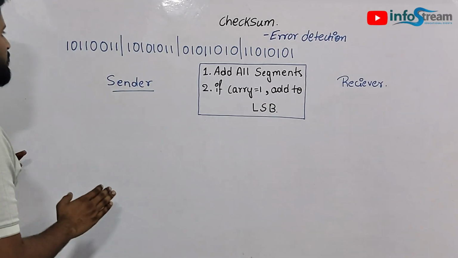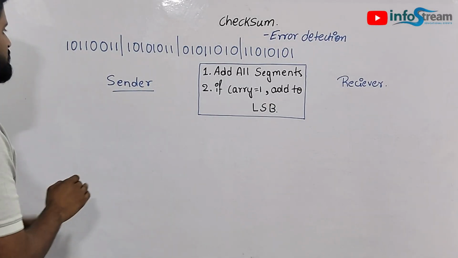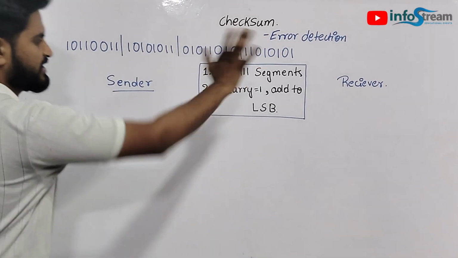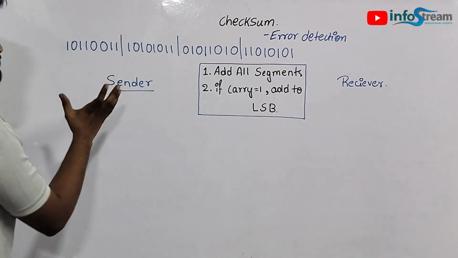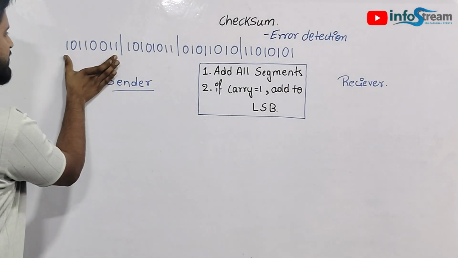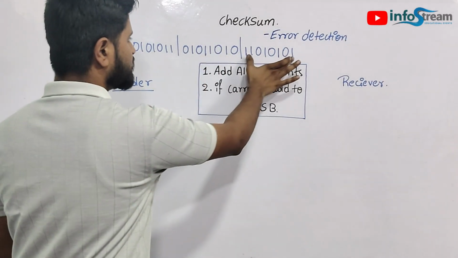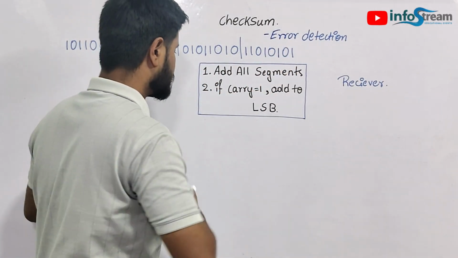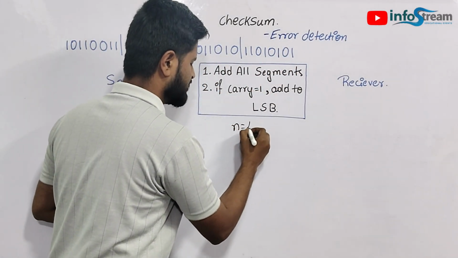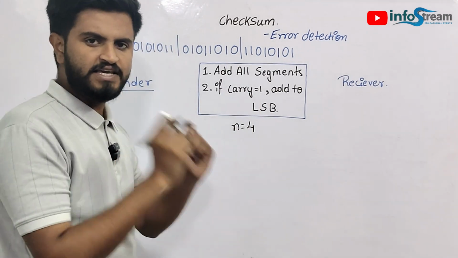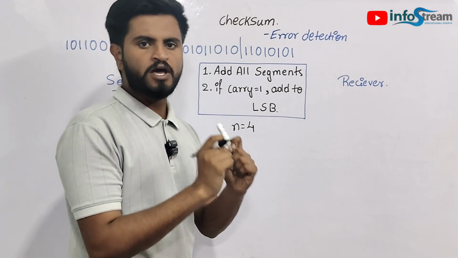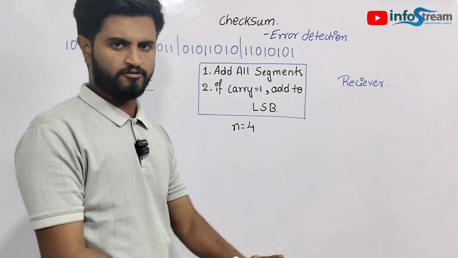So how to solve the problem means, in the question there will be a given set of segments or frames, you can call it as. So here 1, 2, 3, 4. So total 4 number of frames, or you can call them as segments, and in each segment or frame we will be having the same number of bits.